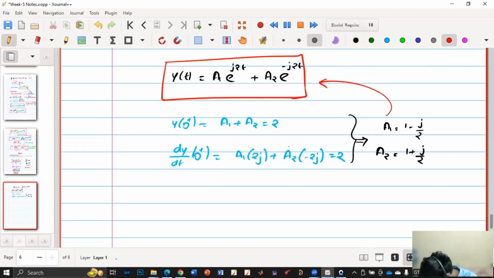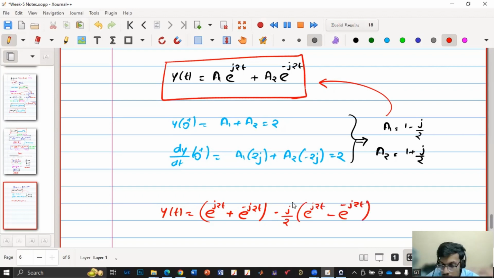Then my y of t is e to the power j2t plus e to the power minus j2t. This is the constant real term. Then if I take the factor minus j by 2, we'll get e to the power j2t minus e to the power minus j2t, isn't it?